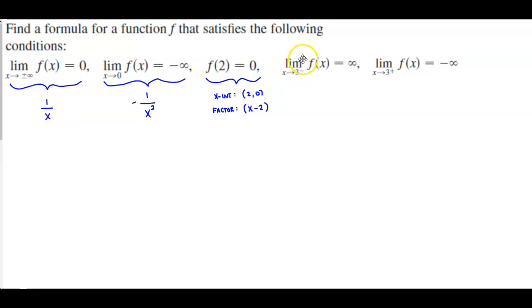So the next scenario, we have the limit as x is approaching 3 from the left of f of x equal to infinity, and the limit as x approaches 3 from the right of f of x is equal to negative infinity. We can see that these limits do not equal each other.